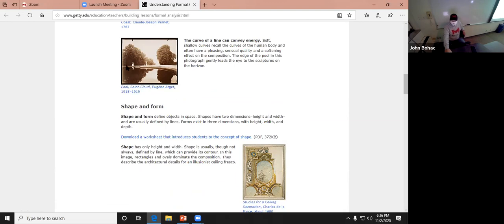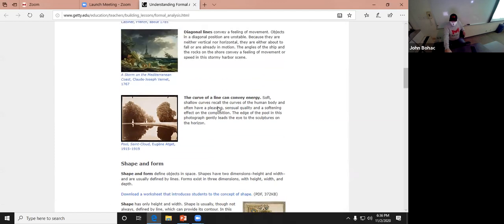This is a curved line. It is the edge of the pool, but it is also a line. And this is the sinking ship and the storm and the rocks and everything.